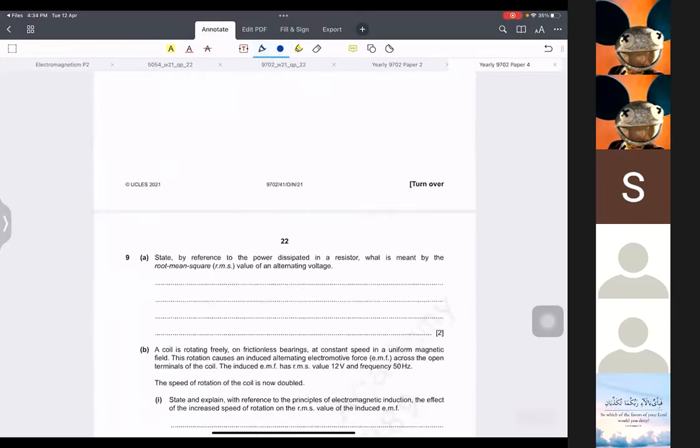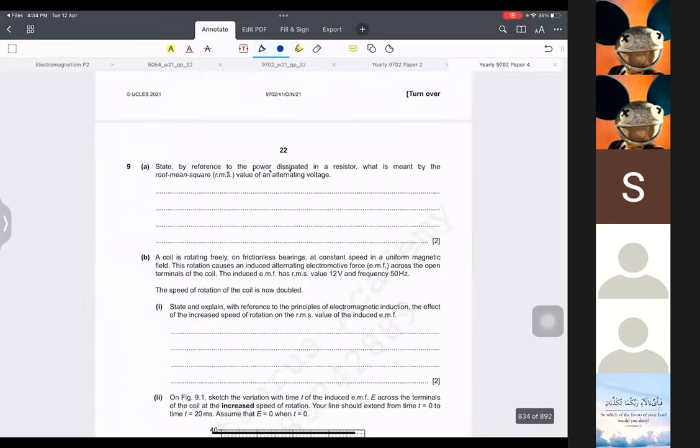Now, then question number 9. By reference to power dissipating in a resistor, what is meant by RMS value of alternating voltage? Okay. अच्छा, RMS के दो चीजें याद रखनी है.